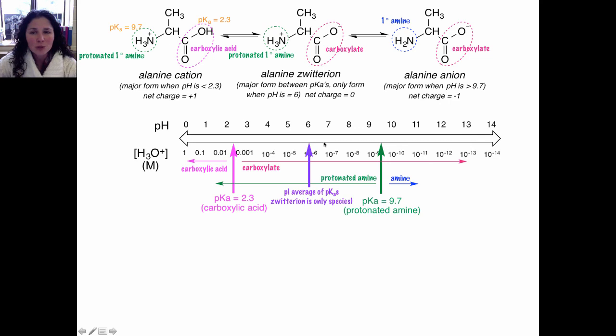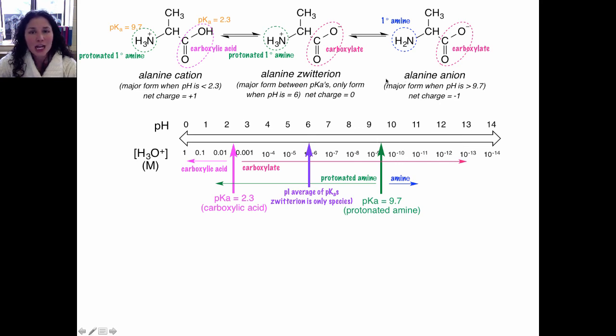I will produce more and more of the alanine anion and less of the Zwitterion as I move towards pH 9.7. When I am at the pH that's equal to the pKa of the amine, then I will have 50% of the Zwitterion and 50% of the alanine anion, or 50% of the protonated amine and 50% of the amine.